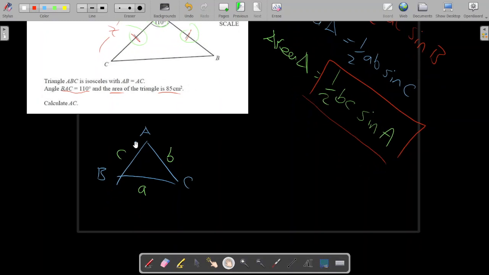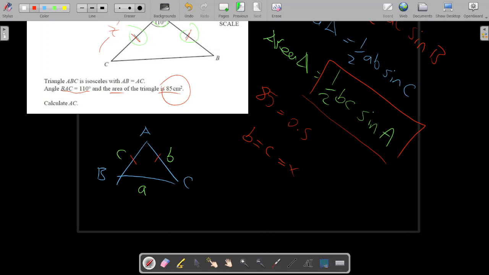Now, since I know that the area is equal to 85, I can say that 85, which is the area, is equal to half multiplied by b and c. What do I know about b and c? I know that this is an isosceles triangle, which means these two sides are equal. So b equals c, and I can say it's equal to x.